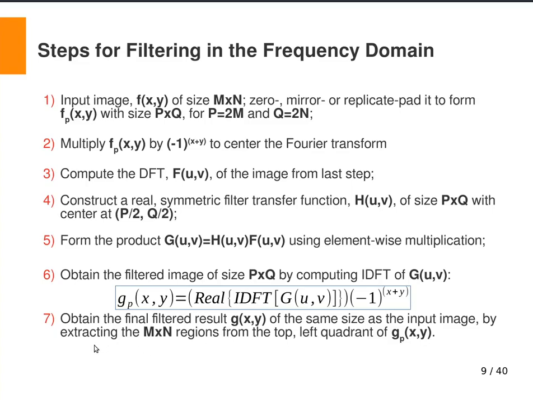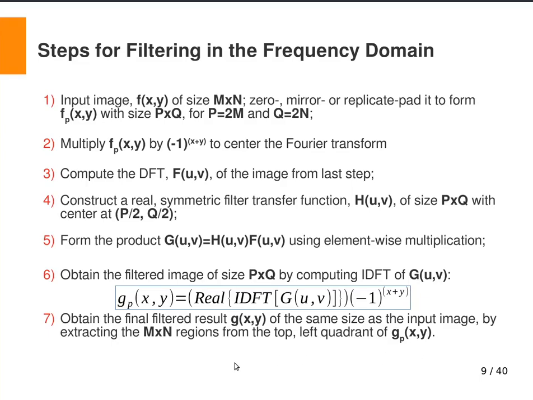And then finally, to obtain the final filtered result, we extract g of x,y of the same size as the input image by extracting the m by n region from the top left corner of g_p of x,y. So this is all words.